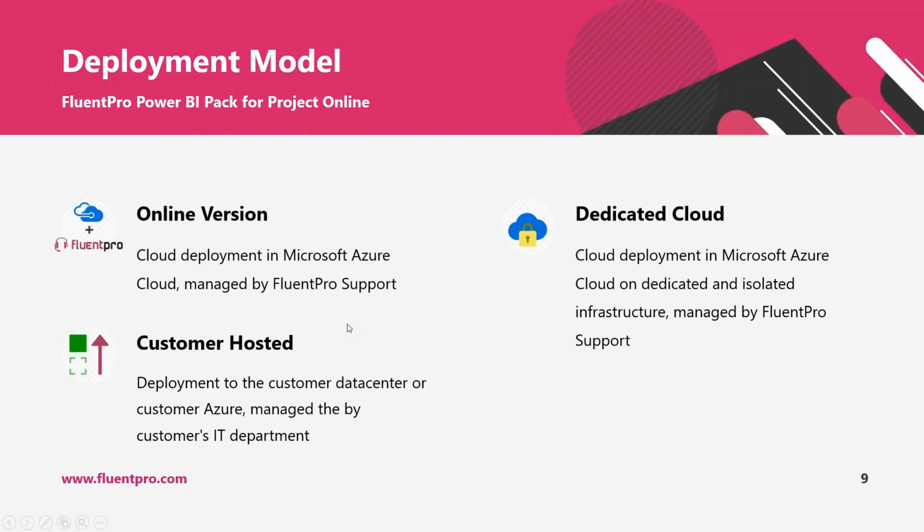Deployment model. We have three deployment models. So first of all, and which is the most common, is the online version, where our solution is deployed. DataMart is a cloud version, and we provide you a Power BI file, and you open and deploy to a tenant.